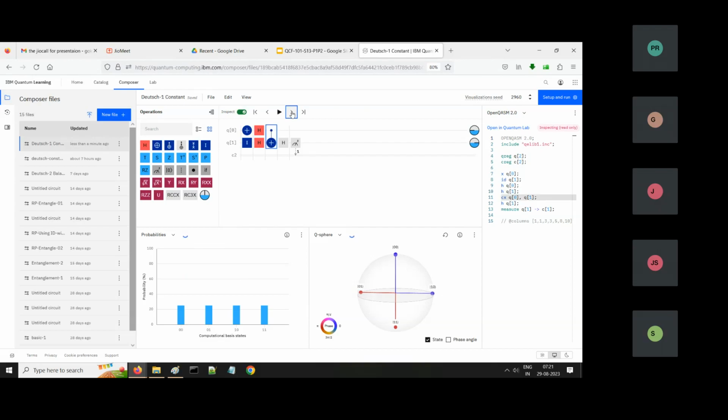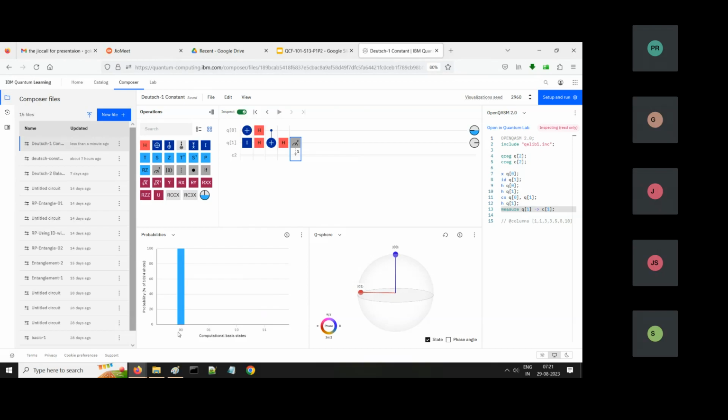And that is now my oracle. The oracle applies the C naught and generates an output, and that output once again collapses to the state measurement, which still happens to be 0 0, with the most significant bit 0, indicating that it is a constant function.